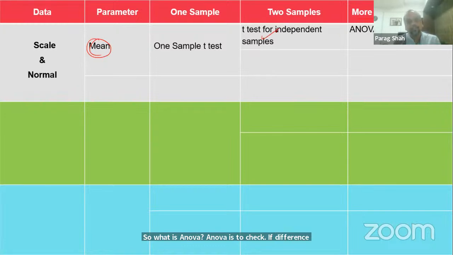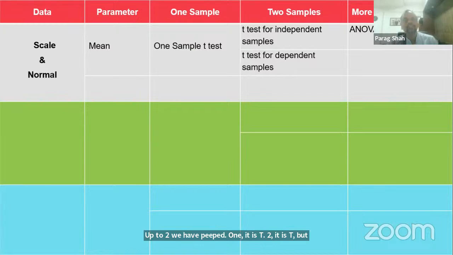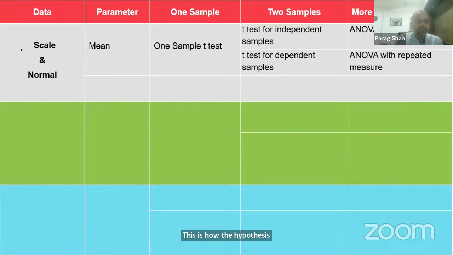Up to two, we have t-test. One, it is T. Two, it is T. But more than two, we'll have to go with ANOVA. And if it is a dependent sample, then it is called t-test for dependent samples and ANOVA with repeated measures. This is how the hypothesis test is decided based on the level of measurement, the parameter and the number of samples you have.